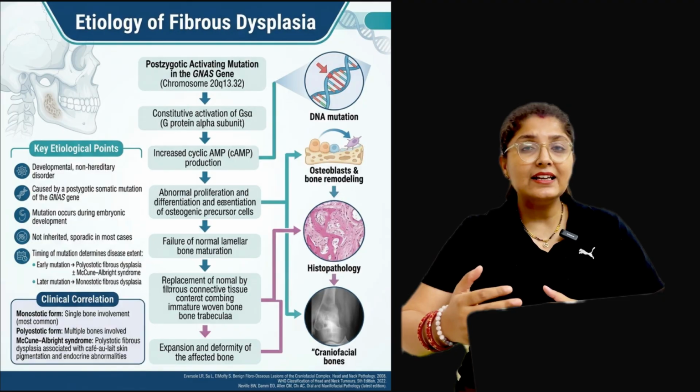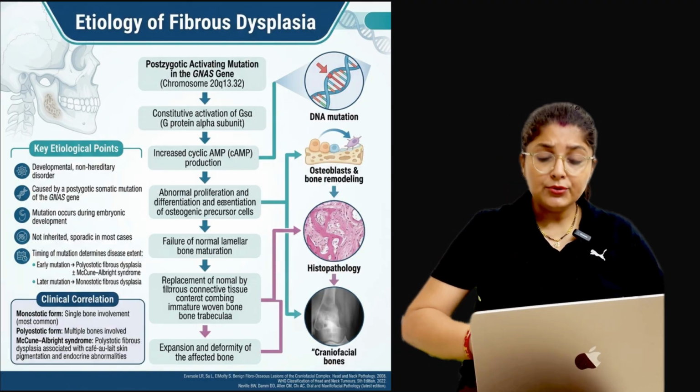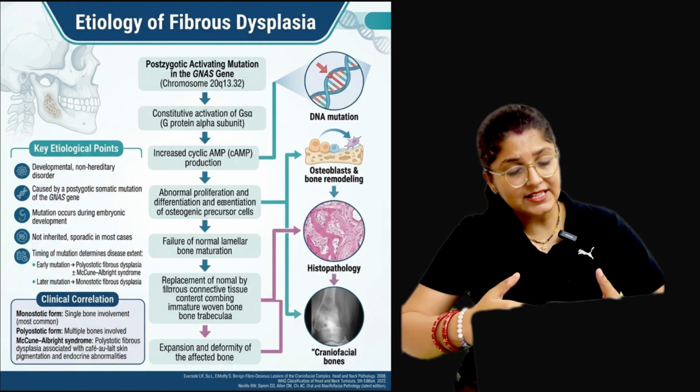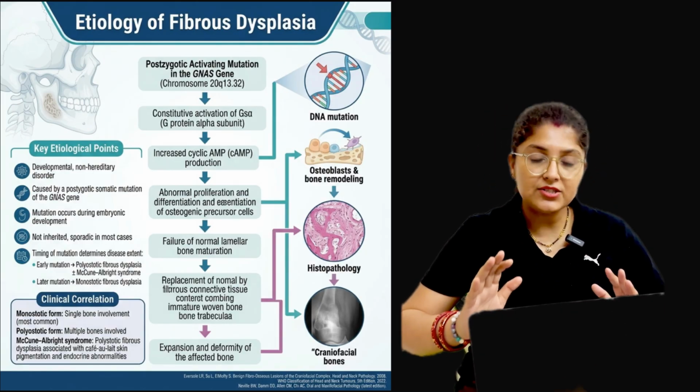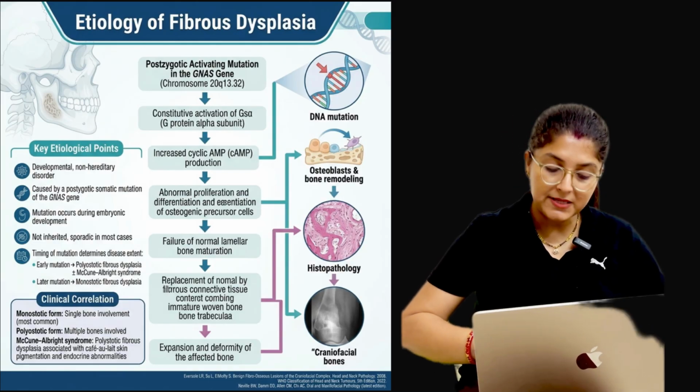Now we shall be dealing with it in the further discussion, right? Now if the mutation occurs during later stages, then multiple bone lesions will be seen, that is known as polyostotic fibrous dysplasia.